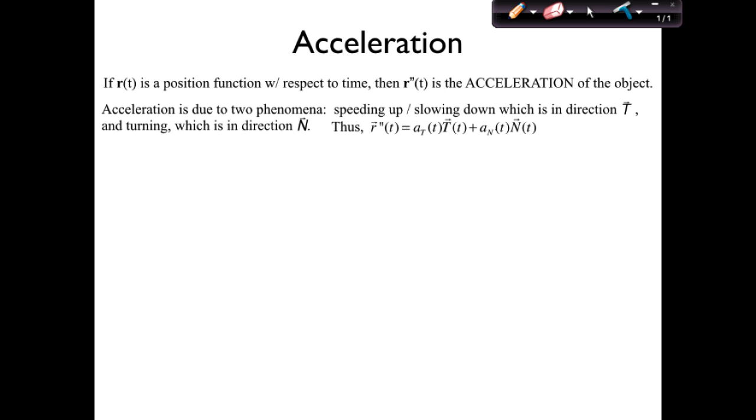Acceleration in the direction of the unit tangent vector, which is the speeding up, slowing down part of it, plus the acceleration due to turning, which is in the normal direction.